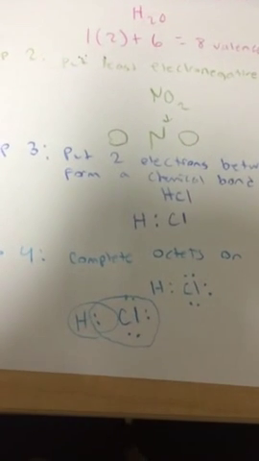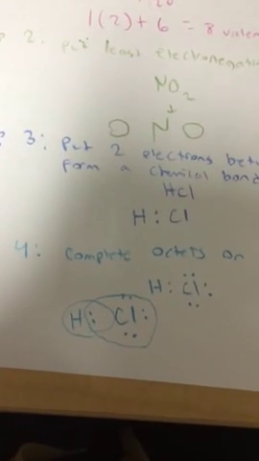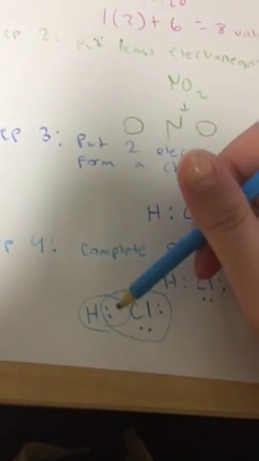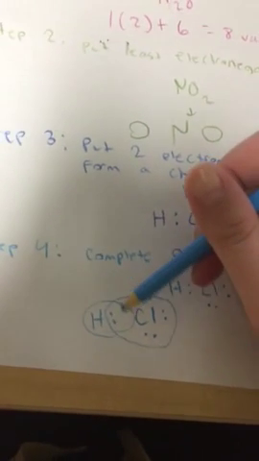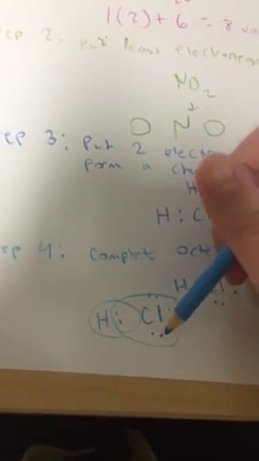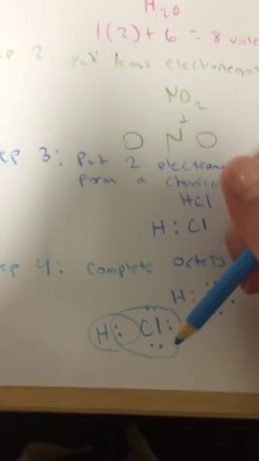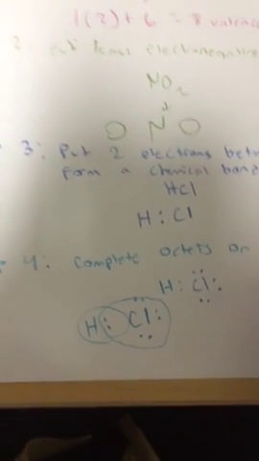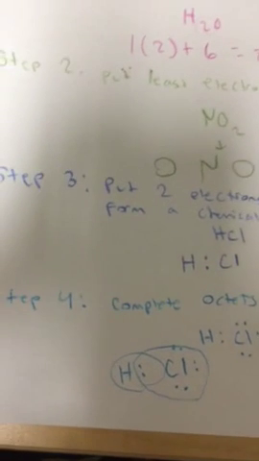Chlorine still needs those 8, and hydrogen only needs the 1 there, or 2 valence electrons. So hydrogen is an exception to the octet rule. It only needs 2 valence electrons for a full outer shell.